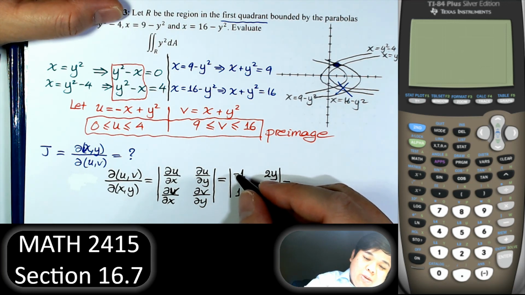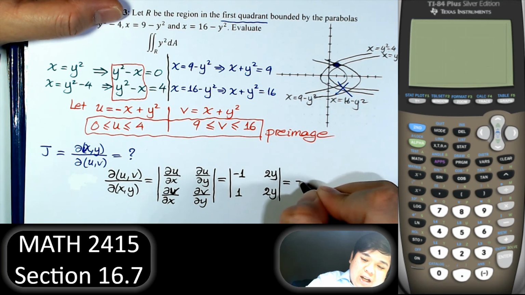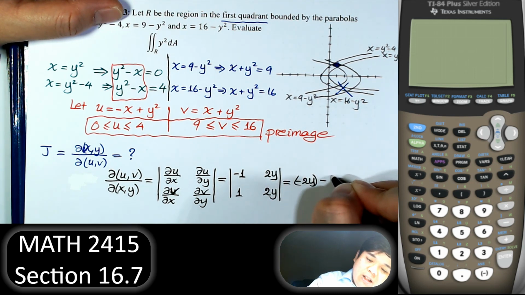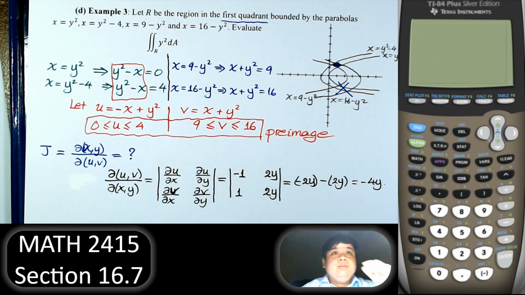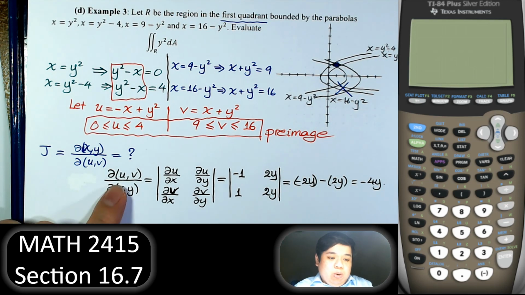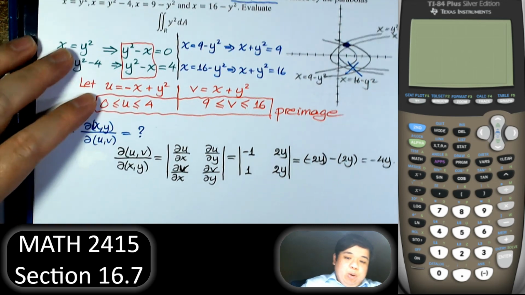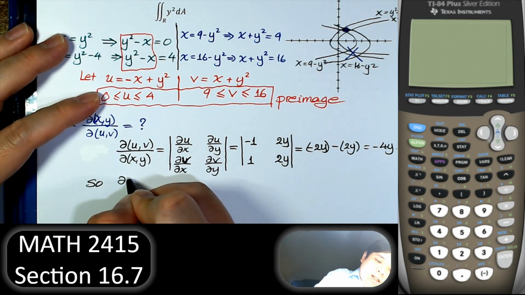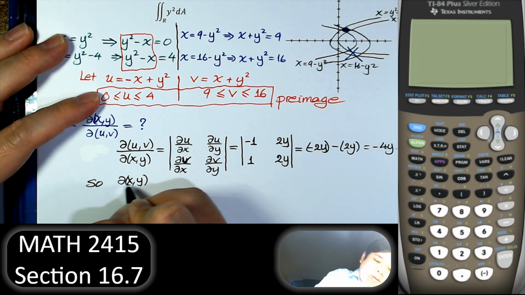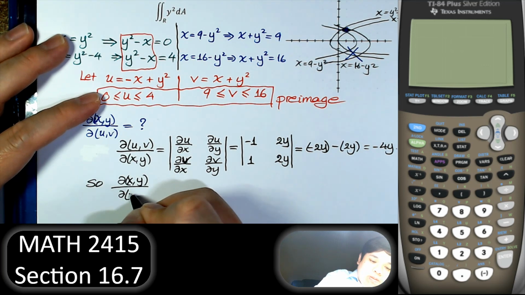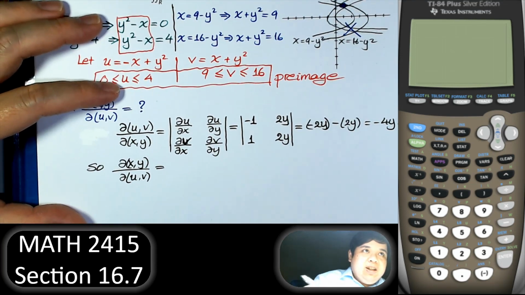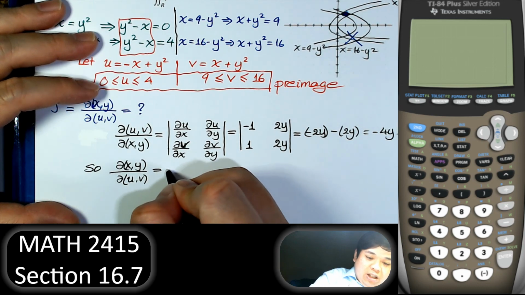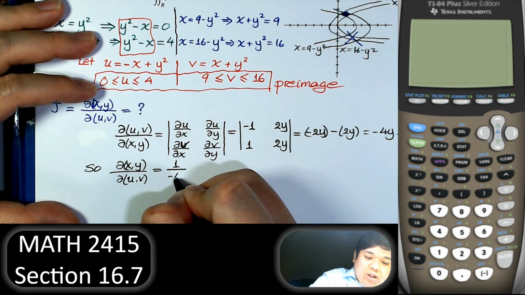Right, so for the Jacobian, negative, multiply this by negative 2y, and then subtract 2y, so we have negative 4y. So in that case, if we want the partial derivative of xy with respect to uv, what we do is just flip this, right? So what we did is take the reciprocal of it.